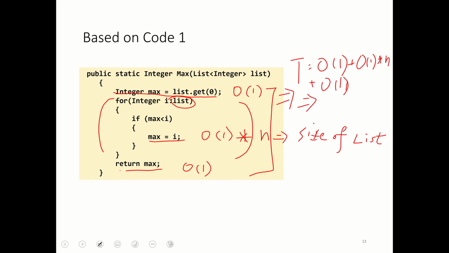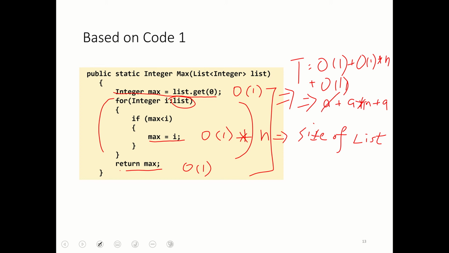Since we know big O(1) is constant, we consider it a constant. Each constant is a, so a plus a times n and a. We know how to ignore the constant numbers and lower order terms.